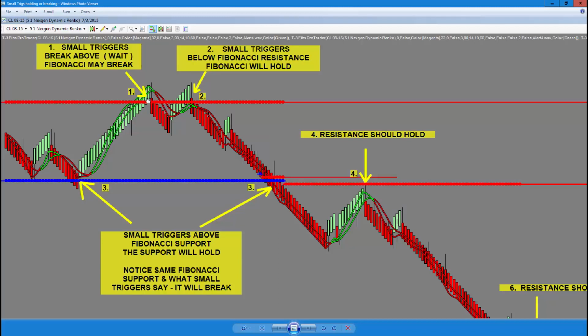If you have a red line of Fibonacci resistance and the trigger lines get beyond the red line of Fibonacci resistance, it may break and turn blue. If the trigger lines get physically location-wise back below the red line, it will usually hold. Everybody understand that concept? Triggers get below, blue lines break. Trigger lines get above, maybe they break, maybe they go back the other way.